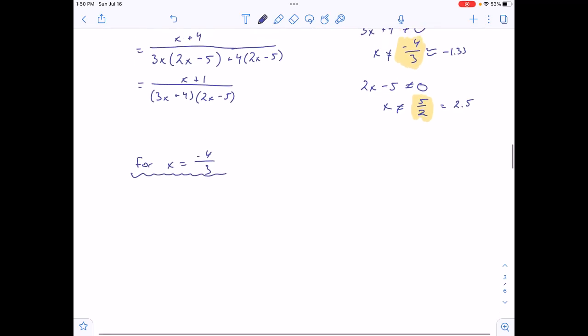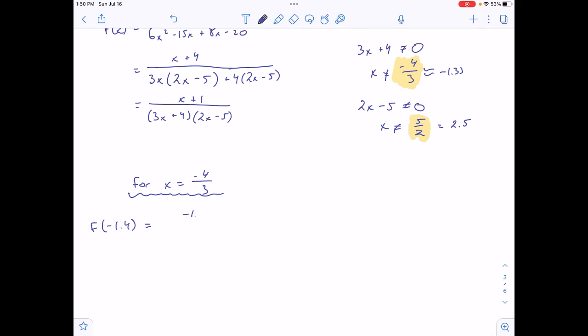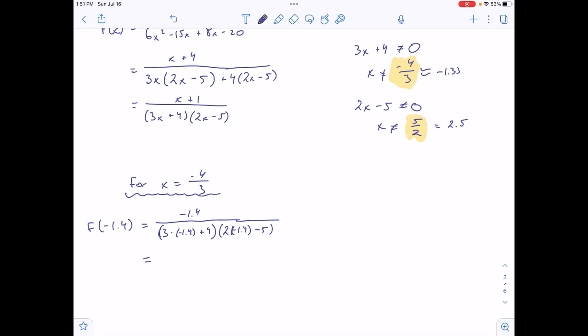We'll test from the left, so we'll pick a number that's slightly more negative than negative 1.33, and I'll try negative 1.4, and substitute this in.